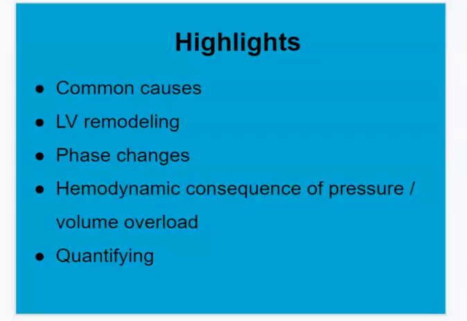Some highlights: common causes such as LV remodeling, the phase changes of mitral regurgitation, that's what we call them, hemodynamic consequence of pressure or volume overload, and how we, by echo, quantify the amount of mitral regurgitation.